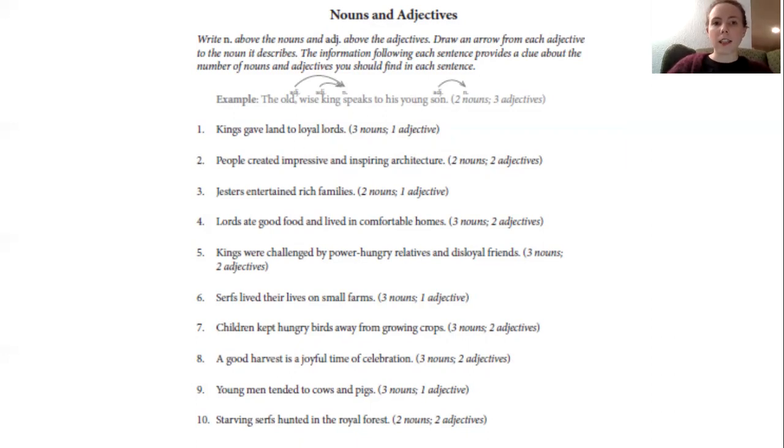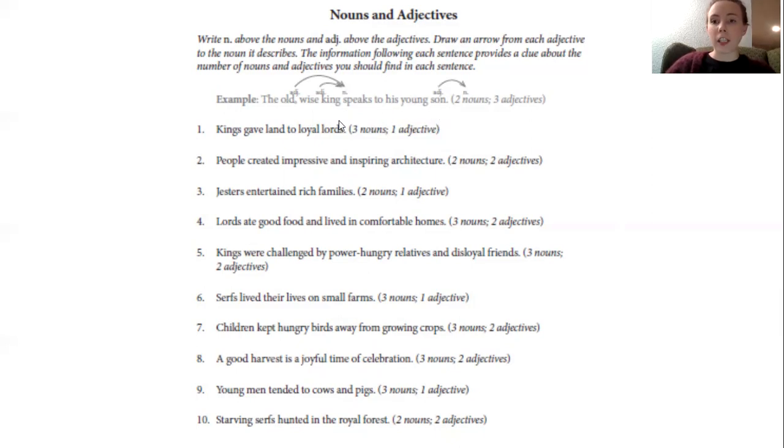sentence. So in this example, the sentence says, the old, wise king speaks to his young son. And it lets us know before we start searching that there are 2 nouns and 3 adjectives in this sentence. So the nouns that they labeled were king and son.